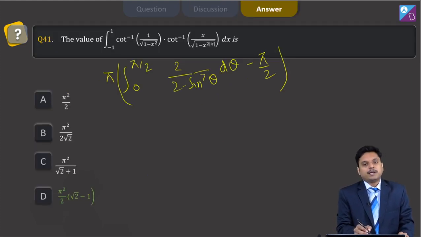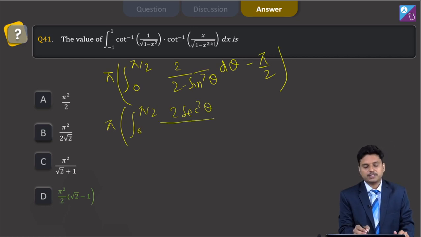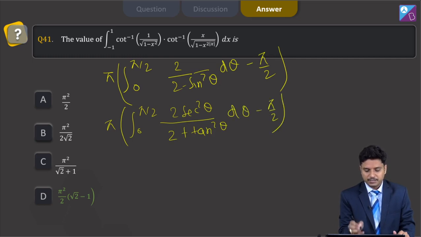So 2 upon 2 minus sine square theta, if we divide this whole term by cos square theta in numerator as well as denominator, you will be getting 0 to pi by 2, 2 sec square theta upon 2 sec square theta minus tan square theta, which is 2 plus 2 tan square theta minus tan square theta. So this is 2 plus tan square theta d theta minus pi by 2 will be there.